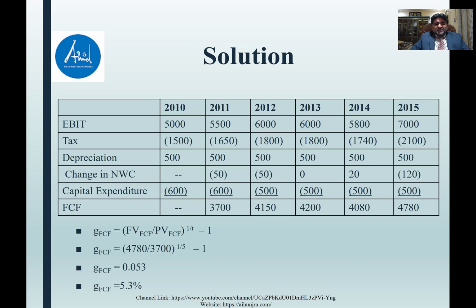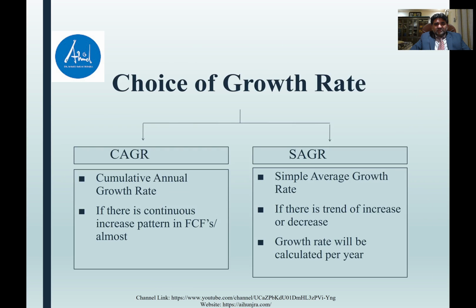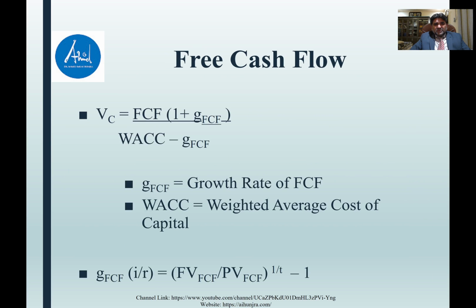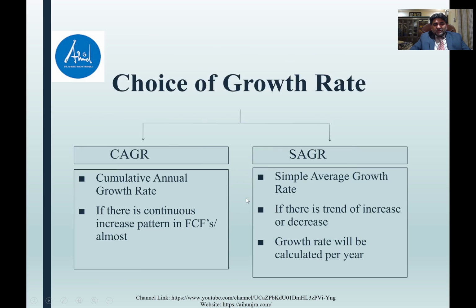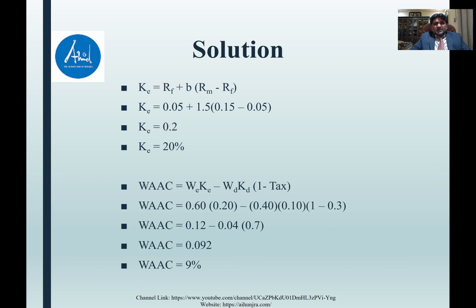After calculating the growth rate of free cash flows, we can find the cost of equity. Cost of equity is the risk-free rate plus systematic risk beta times market risk minus risk-free rate.